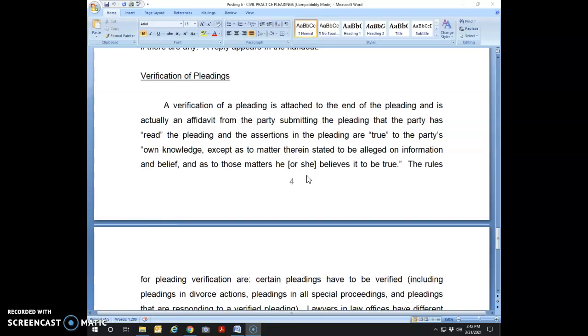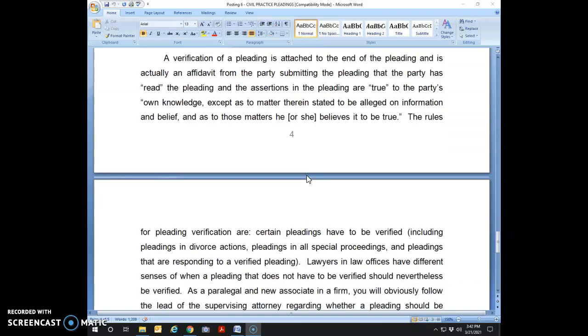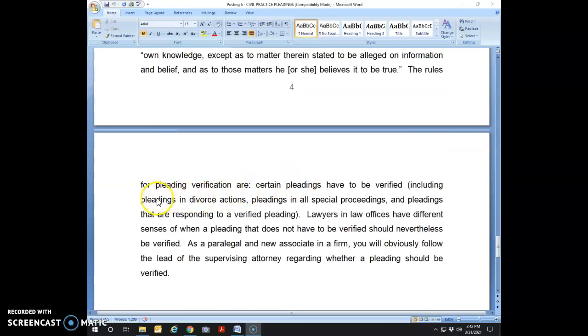But there are people who have a much stronger belief in verifications. But if the law requires a verification, even with my skepticism for what it's worth, we still have to verify it. So certain pleadings have to be verified, including pleadings in divorce actions, pleadings in special proceedings, which would include everything in family court, and pleadings that are responding to a verified pleading.